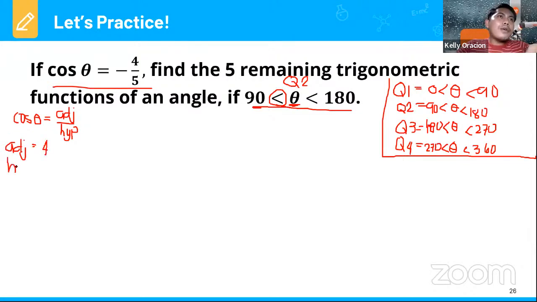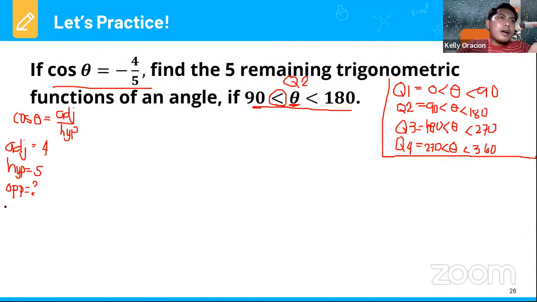The value of our hypotenuse is 5. That means the missing side is the opposite. And class, take note of this one. In order for us to find the opposite side, we are going to use the Pythagorean theorem.